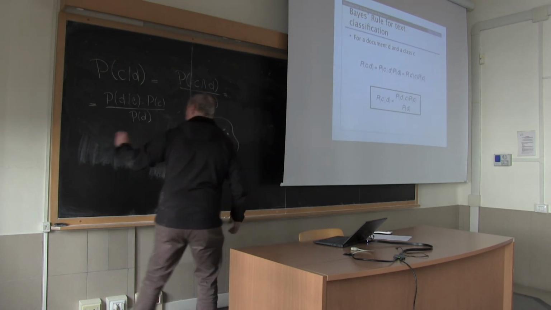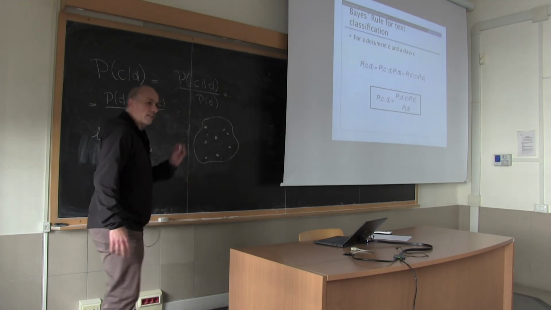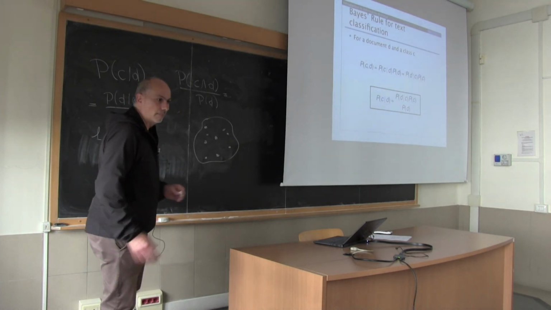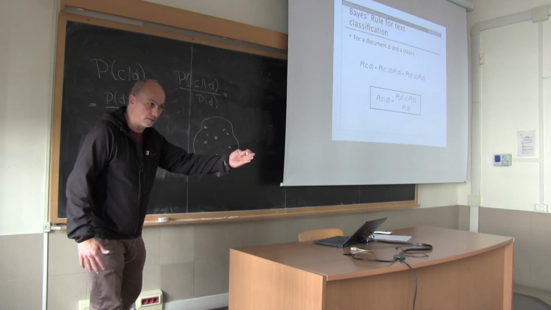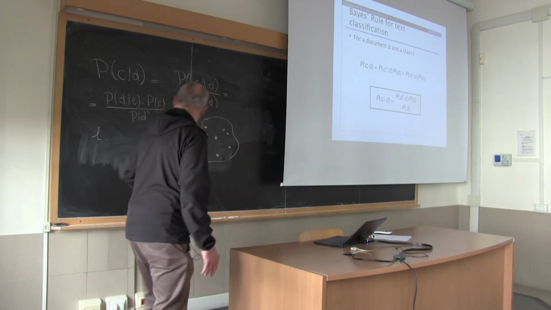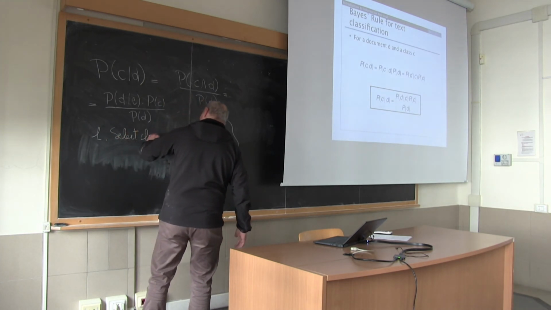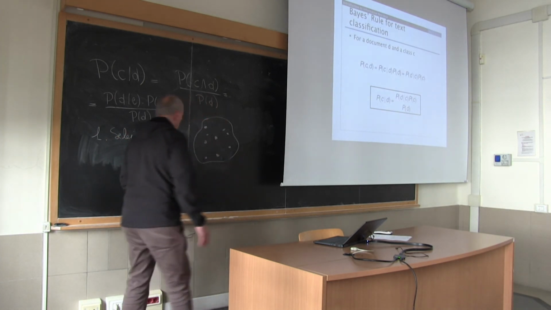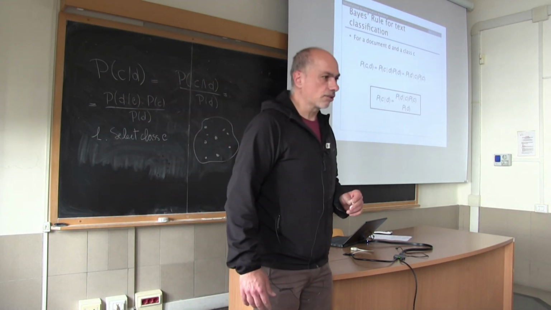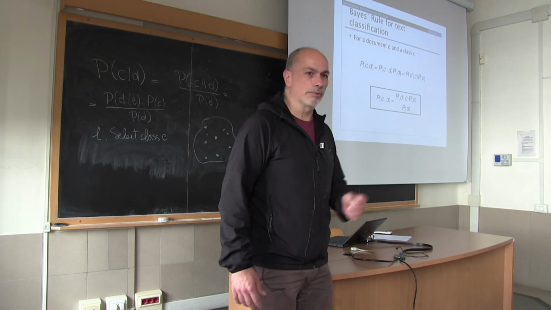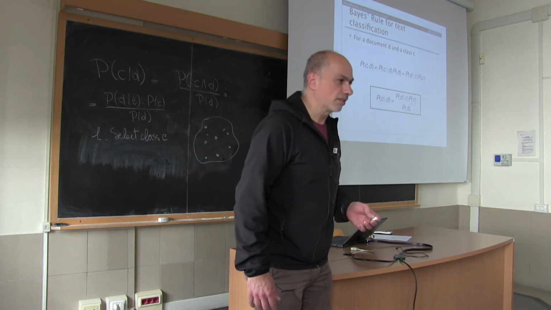So the model will do the following. First of all, select a class. So select the class the next document that is going to be generated belongs to. Okay? This is not so naive, actually, because whenever you're writing, for example, a news article, you're writing about a topic, right?